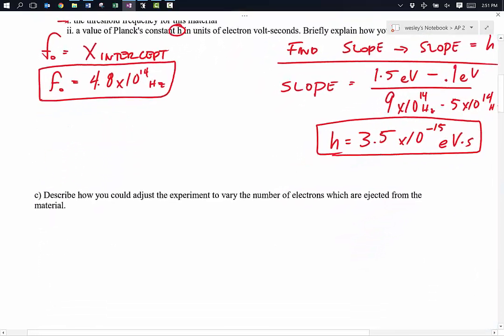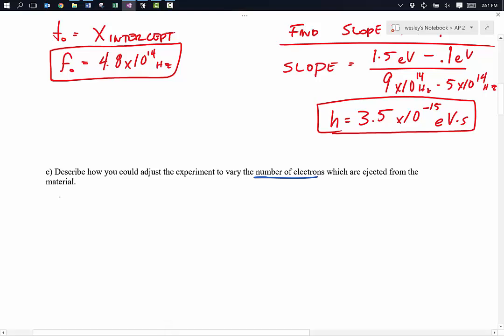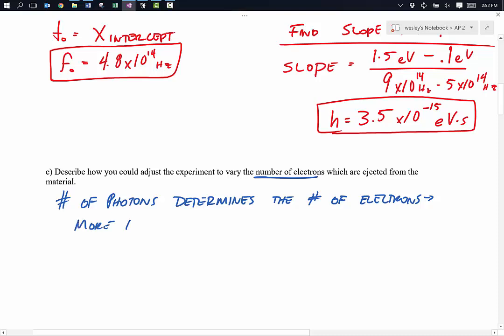Describe how you could adjust the experiment to vary the number of electrons. All right, so in the photoelectric effect, the number of photons determines the number of photoelectrons. So more photons gives us more photoelectrons.